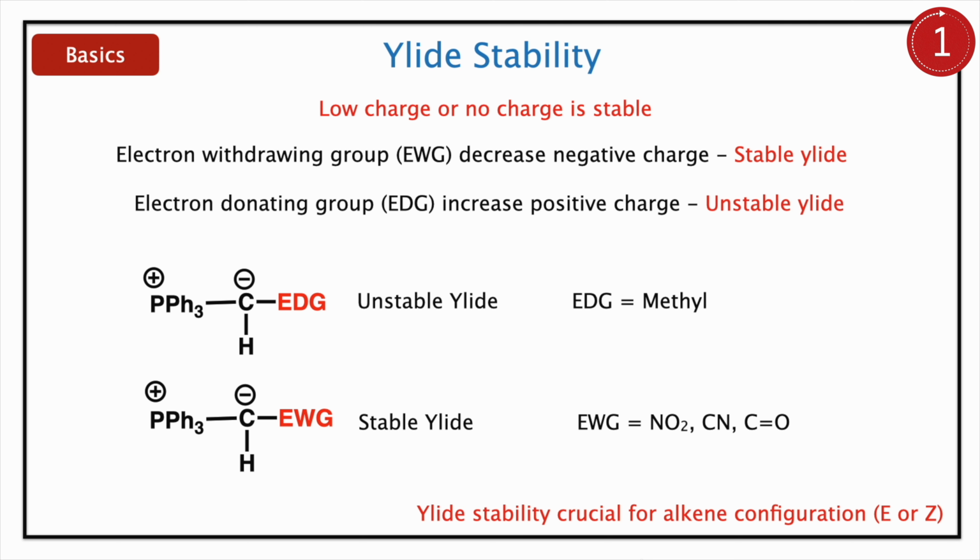So it has extra stability. Electron withdrawing group forms stable ylide. Electron donating group forms unstable ylide. Here electron donating group can be methyl. Electron withdrawing group can be NO2, CN and carbonyl. Why we are studying this is ylide stability is crucial for alkene formation. The selectivity comes from ylide stability.